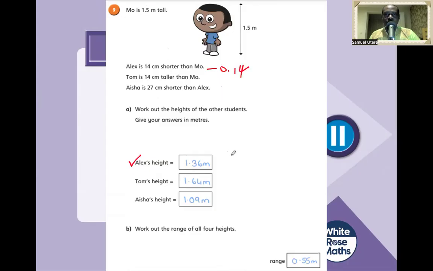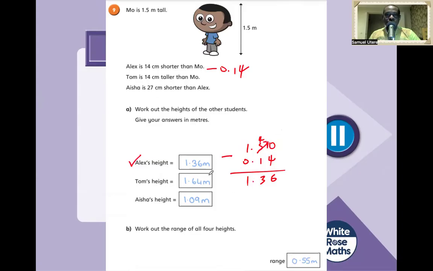So now to get this, you do 1.5 minus 0.14. Okay, remember how we do our exchange. So that will be 4. That will now be that. Okay, 10 minus 4 is 6. 4 minus 1 is 3, and 1.3.